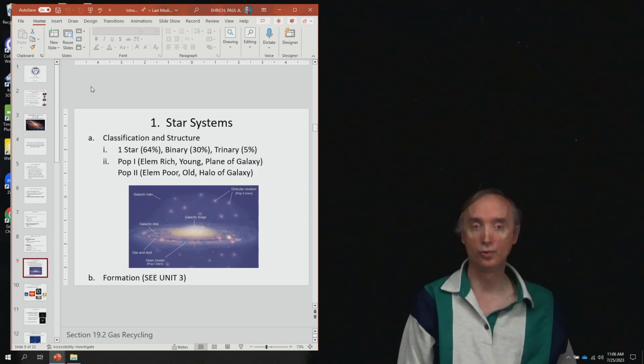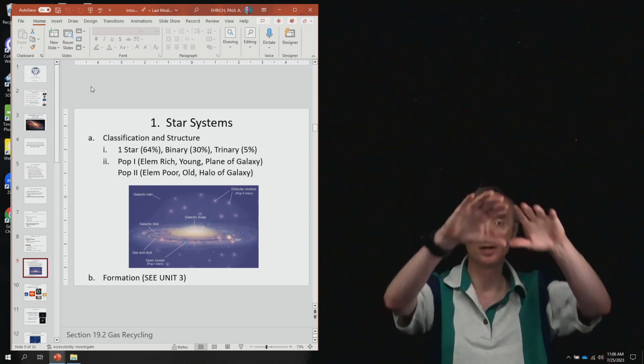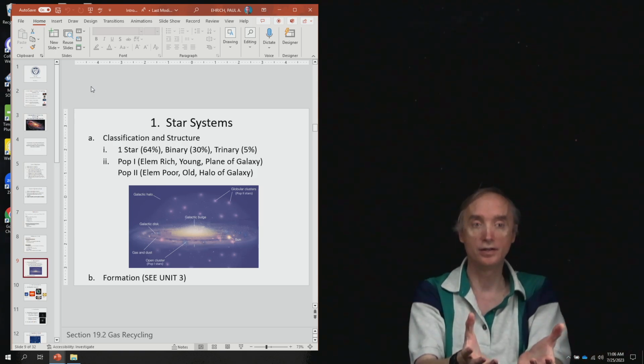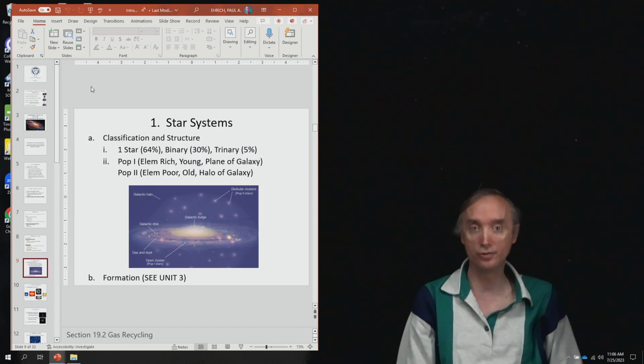They're element poor, meaning they only contain hydrogen and helium with maybe a little bit of lithium, so the original elements that formed after the Big Bang. Since these are the first stars to form, they're very old, and they're found in the halo of a galaxy, which is the material that surrounds the galaxy, and it's very similar to the Oort cloud for a solar system in that it represents the original material that formed the solar system.